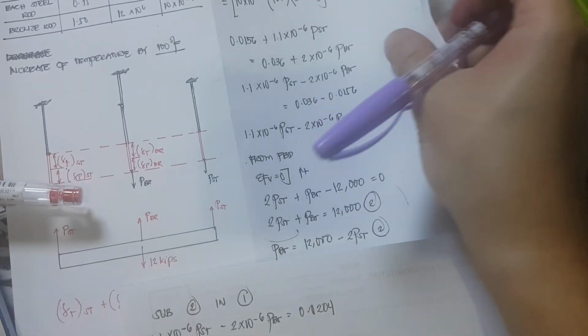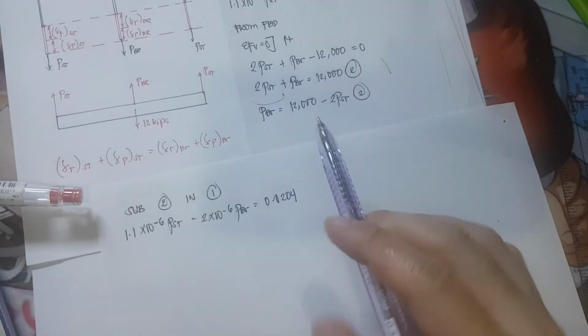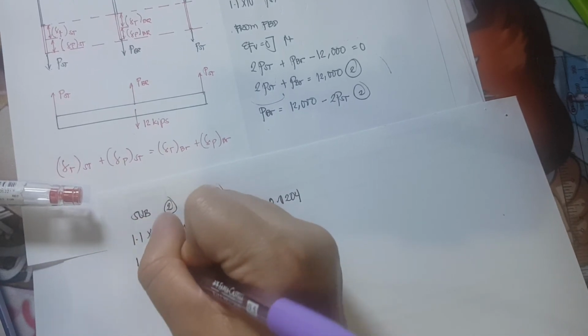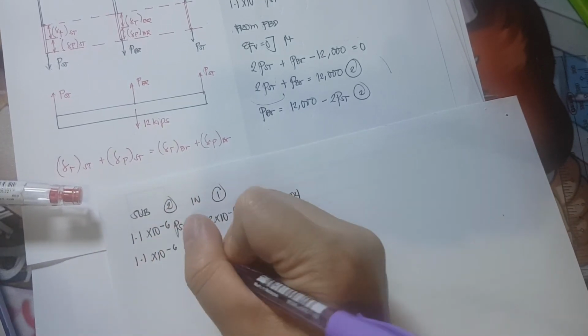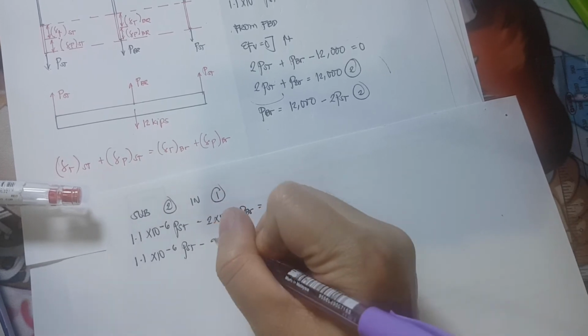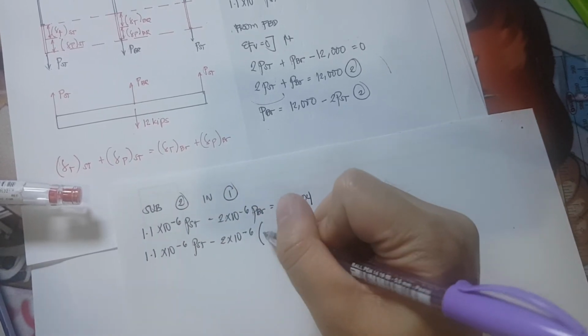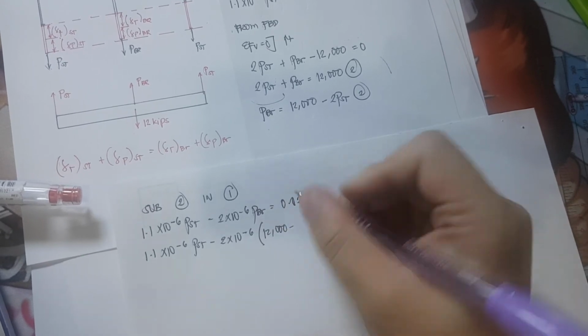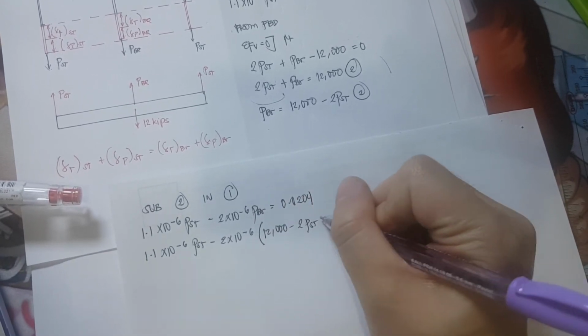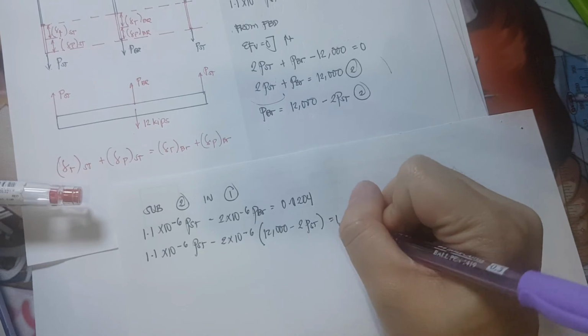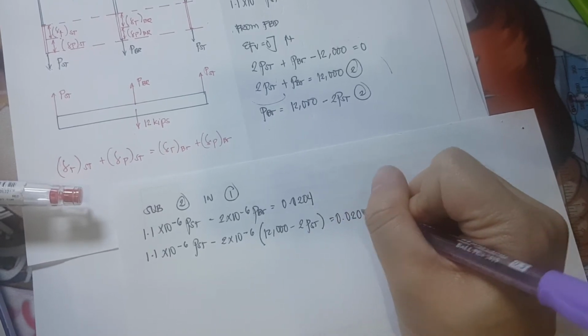And my second equation is this. So I'm going to substitute P of bronze. So 1.1 times 10 raised to negative 6 P of steel minus 2 times 10 raised to negative 6 times 12,000 minus 2 P of steel is equivalent to 0.0204.